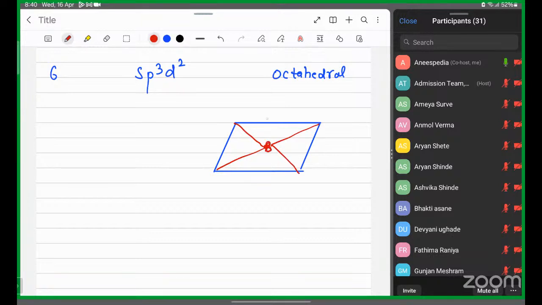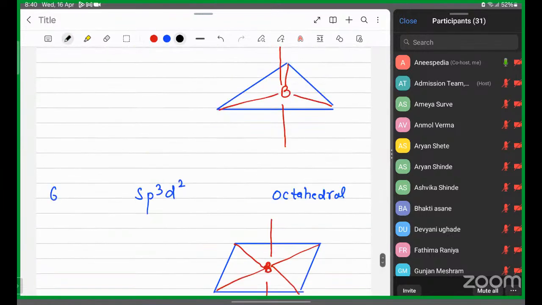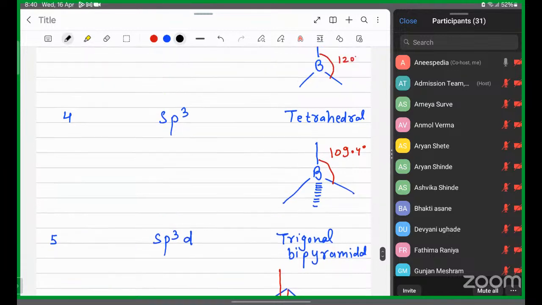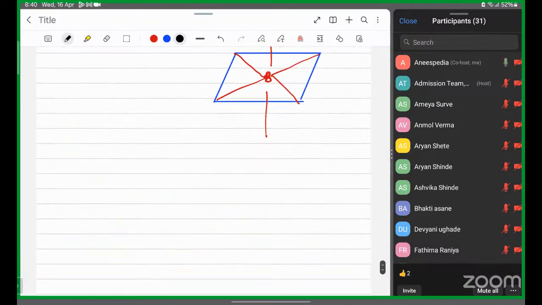Remaining 2 bonds will be one upward and one downward. Understood? Any doubt?